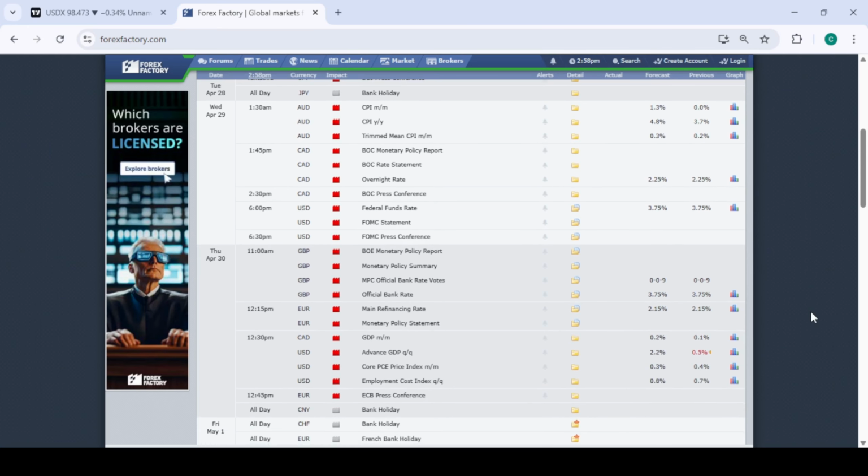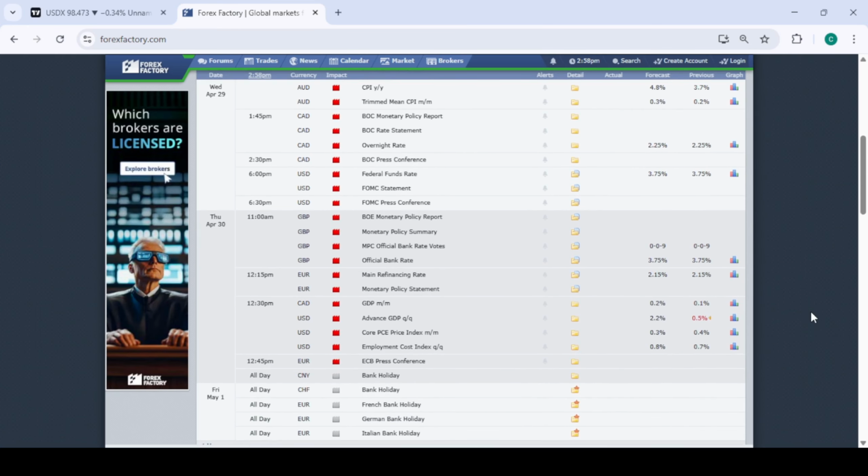On Thursday, we're going to have the monetary policy summary for GBP, which also comes along with the official bank rate. Later, after the monetary policy on the GBP, we're going to have the main refinancing rate and monetary policy statement for Euro, some few minutes or hours after the GBP release.